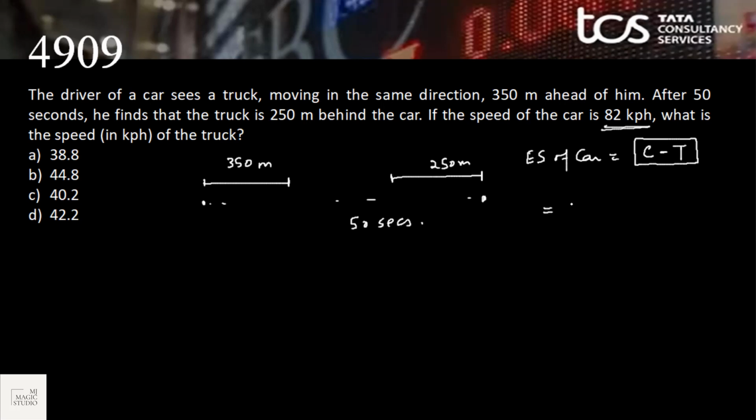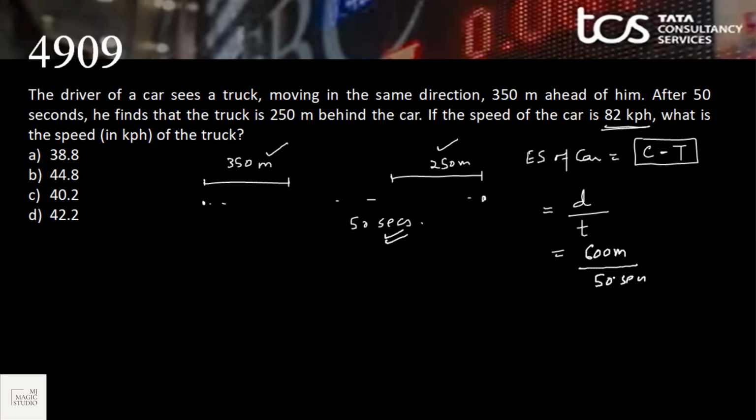This effective speed of the car is equal to the relative distance covered between the truck and the car in the time given. Now the effective distance traveled between the truck and the car is 350 plus 250, that is 600 meters, in 50 seconds.